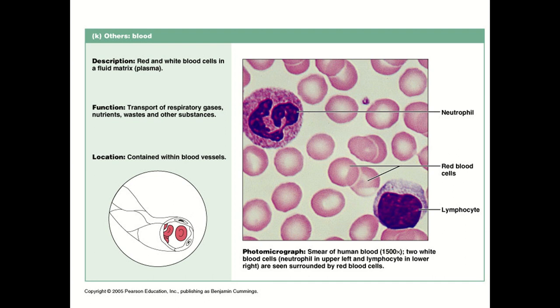It functions to transport the respiratory gases, such as oxygen and carbon dioxide, and to transport nutrients, waste, and other substances. And of course, as for location, you can find blood contained within the blood vessels, including the blood capillaries, veins, and also arteries.